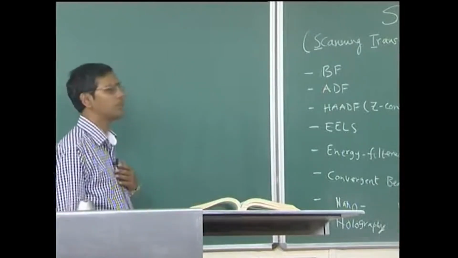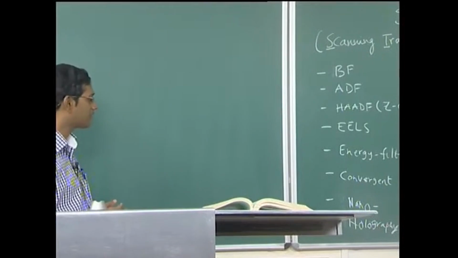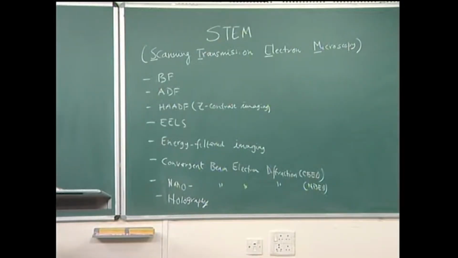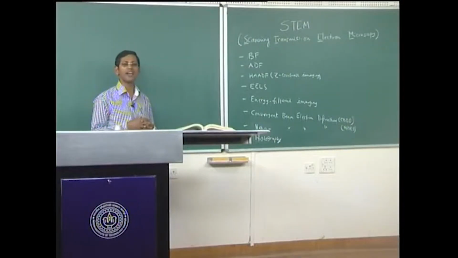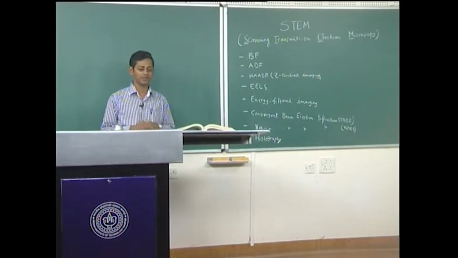One can also integrate this with convergent beam or nano electron beam diffraction, and one can actually use the STEM to get holographic images. I will not be able to discuss all of them in this course, but I will try to give an idea of how STEM works and how STEM can be used to obtain different sets of information.